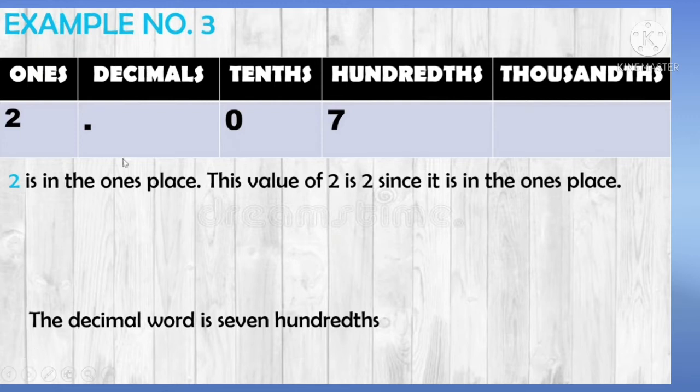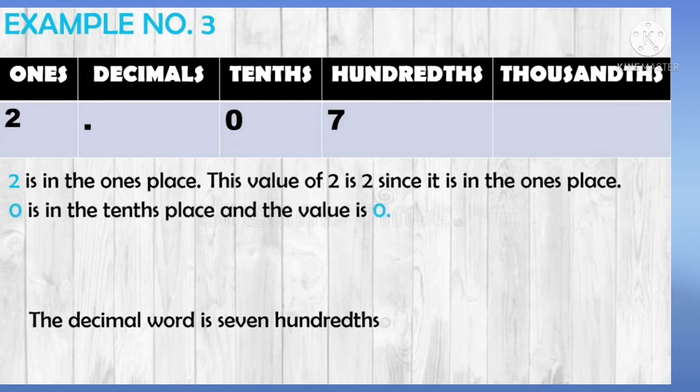Okay? Its value is 2 and its place is the ones. 0 is in the tenths place and the value is 0. So as you can see, what is in our tenths is 0. Its value is 0. It is not 0 tenths, but 0.